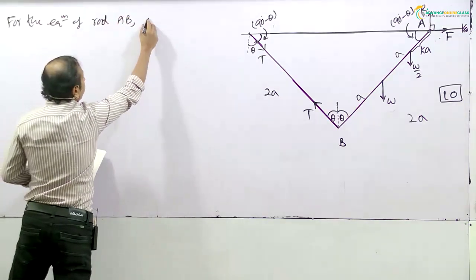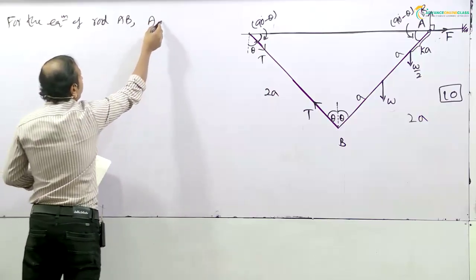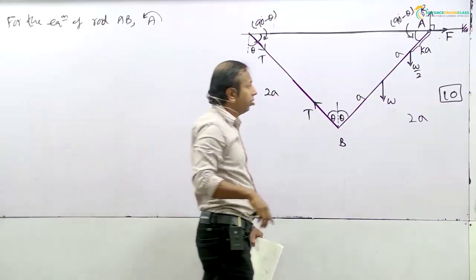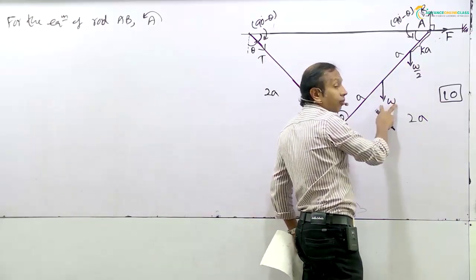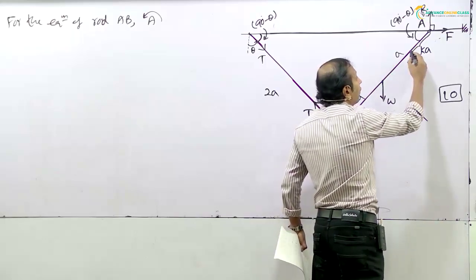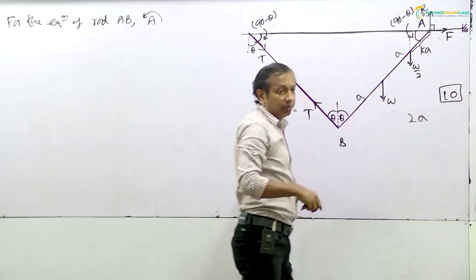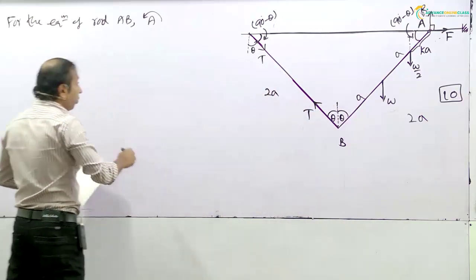Say we take the anticlockwise moment. What do you get there? W by 2, W anticlockwise moment. What distance is this? ka cos(90 minus theta), that is ka sin theta. So W by 2 times ka sin theta.